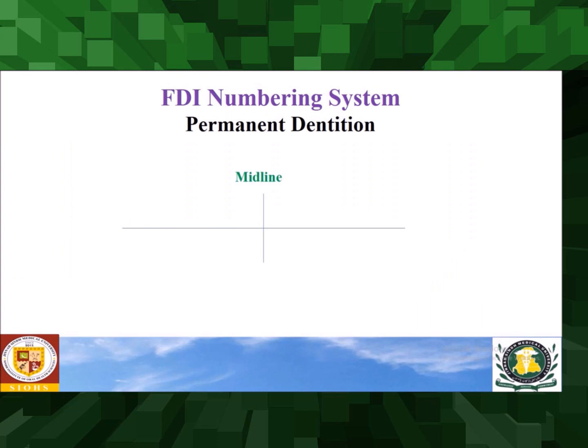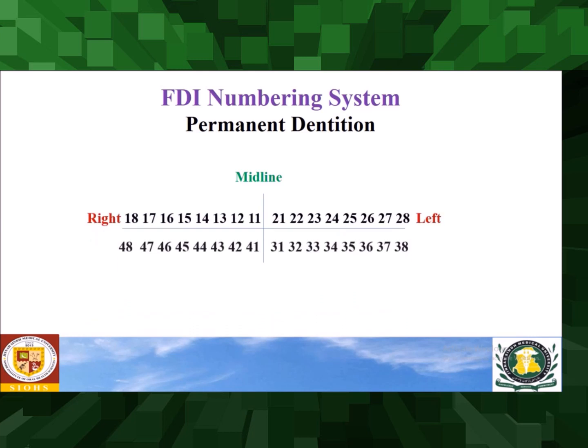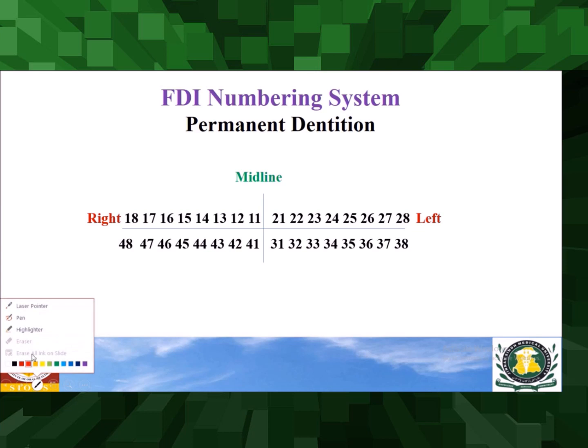Now we will discuss the FDI numbering system for the permanent dentition. Like the deciduous dentition, there are 2 digits, and the first digit indicates the quadrant. Number 1 is the maxillary right quadrant, number 2 is the maxillary left quadrant, number 3 is the mandibular left quadrant, and number 4 is the mandibular right quadrant.